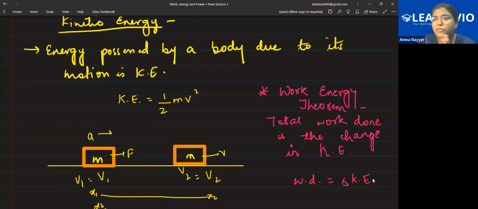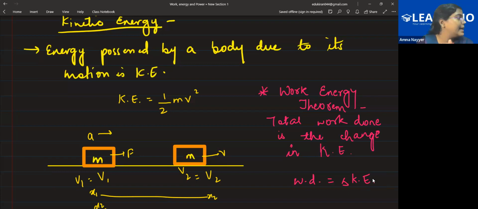A person has started moving, going from his home towards the office. As soon as he got up to stand, from sit to stand, kinetic energy's work has started. When the person has started moving, kinetic energy is increasing. So whatever changes there will be, they will be in the kinetic energy itself.